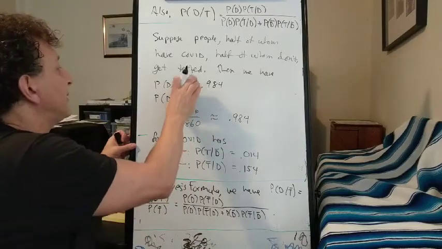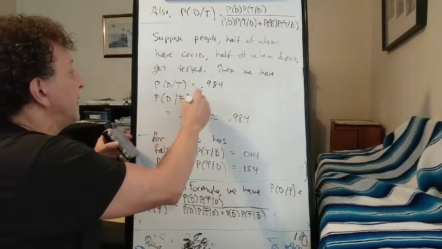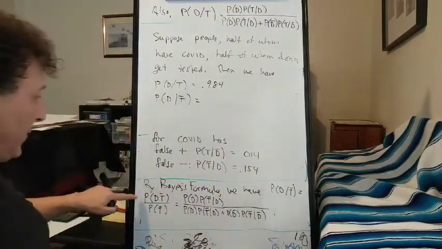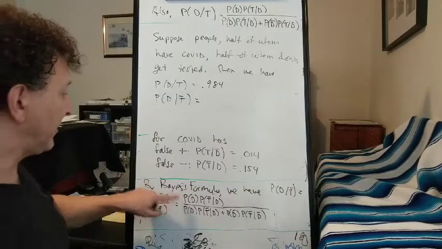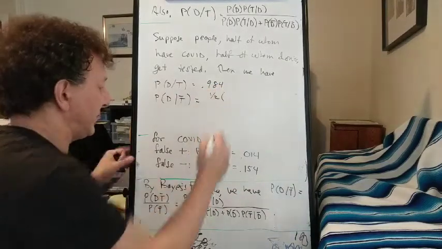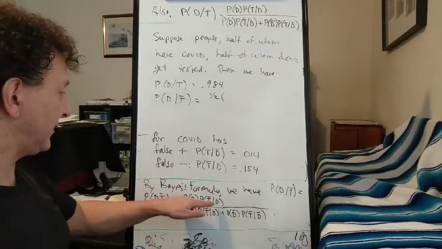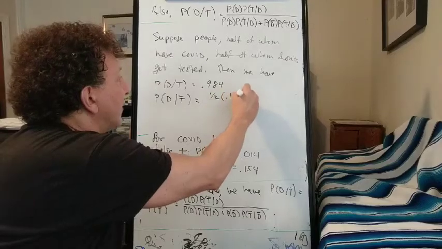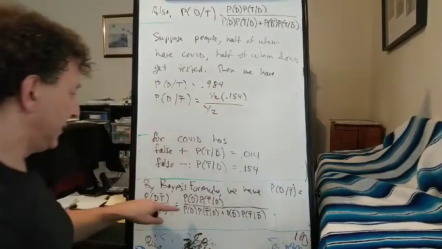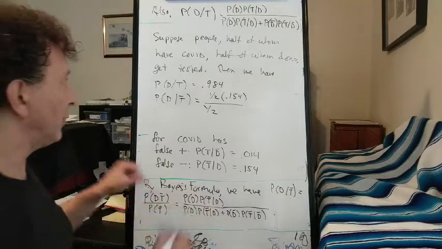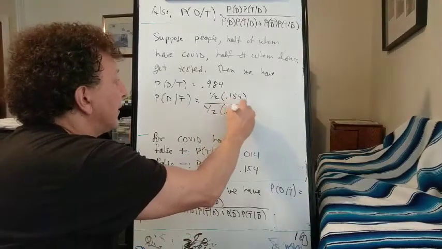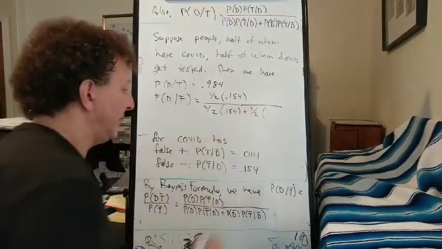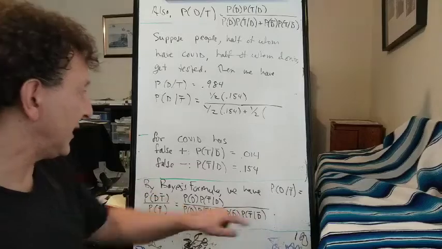So now the probability of having the disease, given that the test is negative, is probability of having the disease 1/2 times probability of having a negative test given the disease, 0.154, over the same thing, 1/2 times 0.154, plus the probability of not having the disease, 1/2, times the probability of testing negative given not having the disease.